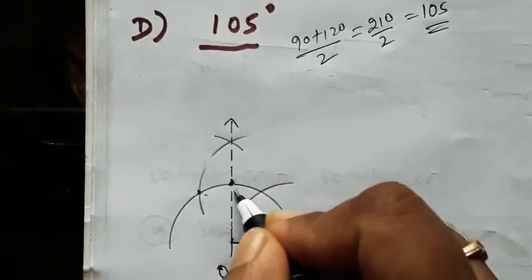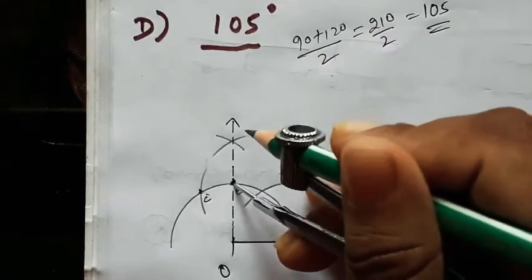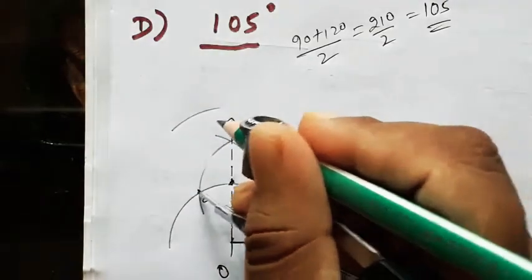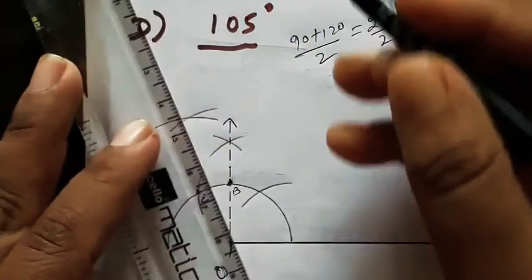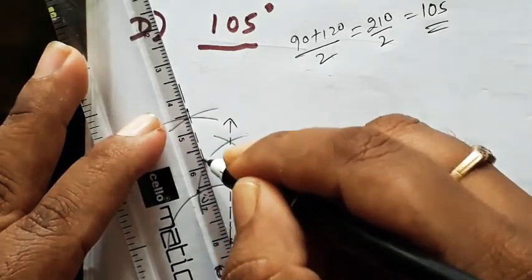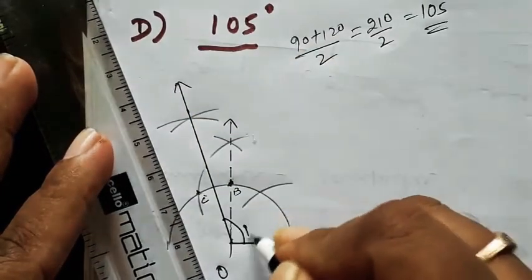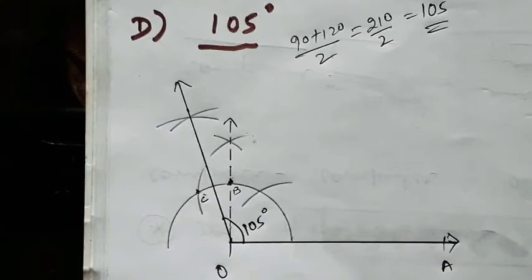You can mark these points as B and C. One arc from B I am taking, and from C one arc, and this point I got, it is 105. Now you can make it with a solid line. This is 105 degree.